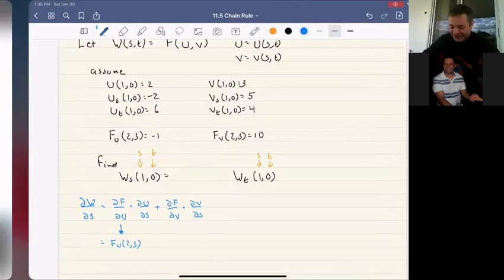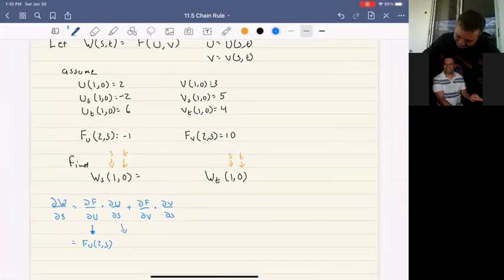Sorry, couldn't resist that one. U sub S, or partial of U with respect to S, we already know. So that one's going to be negative 2, plus F sub V times partial of V with respect to S is 5.